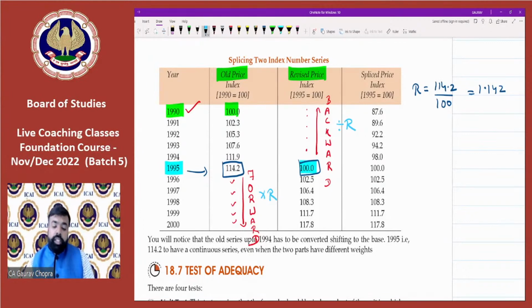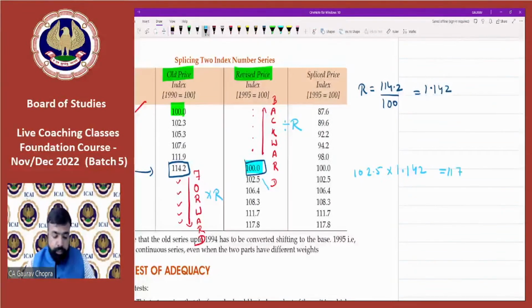So let us do the forward splicing first. So here we are having 102.5. We multiply it by 1.142. So let's do the calculation. We are getting 117.055.